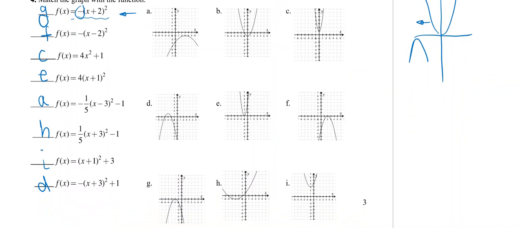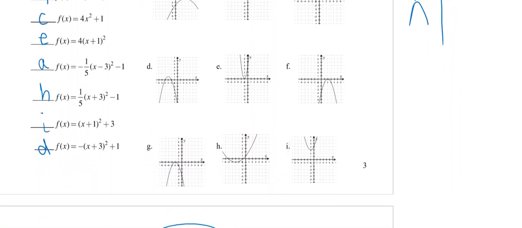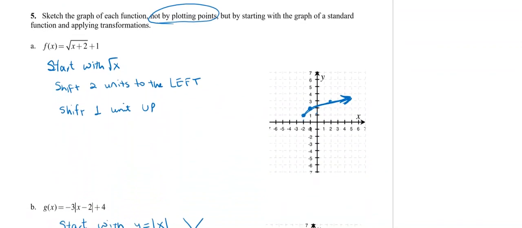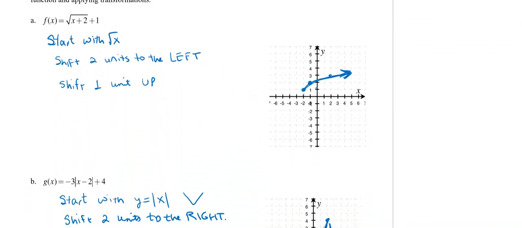And then applying multiple transformations to a function to get a new graph. Horizontal shifts, vertical shifts, reflections, stretching, all of that stuff. How to graph transformations of your basic functions by stating exactly the steps.